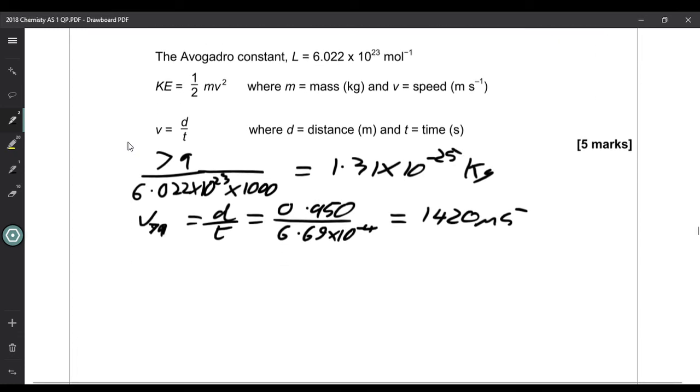So we can now work out the kinetic energy that these ions had.